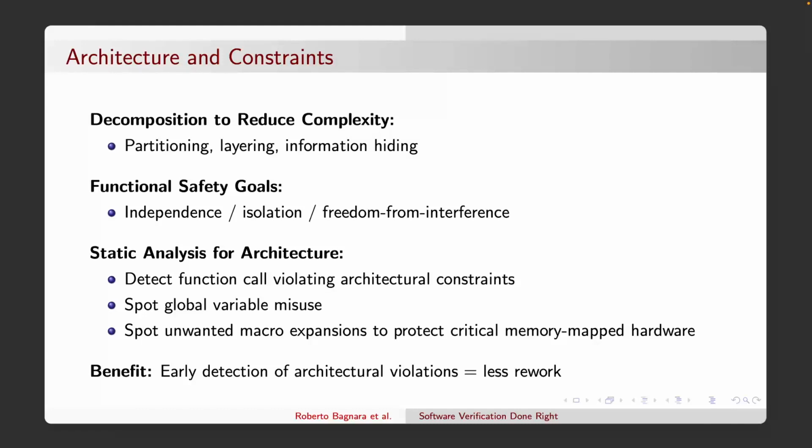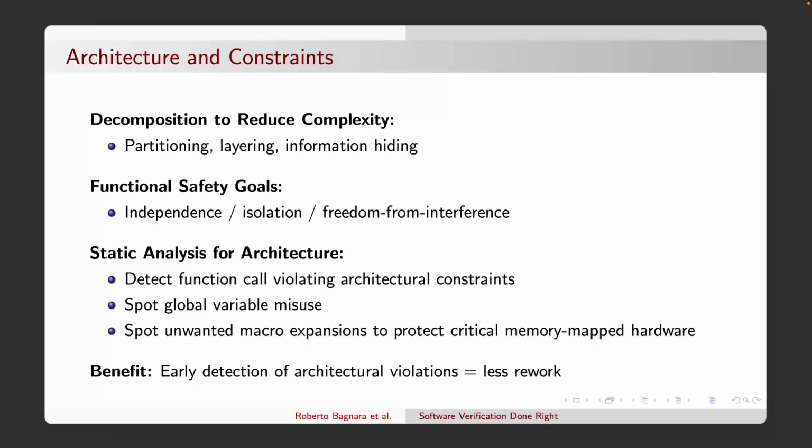This is important because the hardware abstraction layer provided by hardware manufacturers typically has all the macros in one header file, but different memory mapped devices have different criticalities. So you want to make sure that the critical ones are only handled by the modules that are assumed to use them.